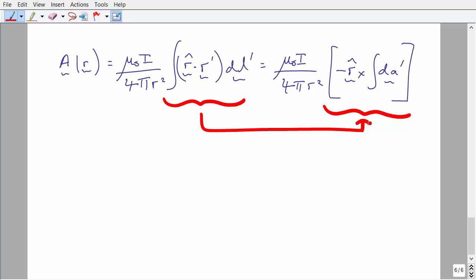Now just as we identified an electric dipole moment, we're going to write this in terms of a quantity we call the magnetic dipole moment. I should emphasize this is the integral over the area enclosed by the current loop.